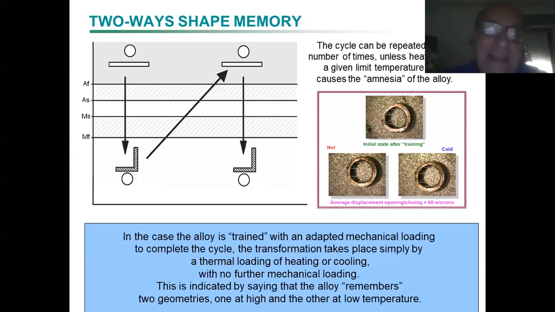This is applied a lot with plastics. With plastics, the problem is that it's usually not reversible. In this way, it is reversible because both situations are thermodynamically stable, and so in the end you can remember both of them.